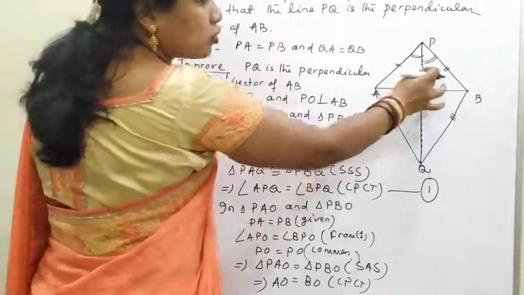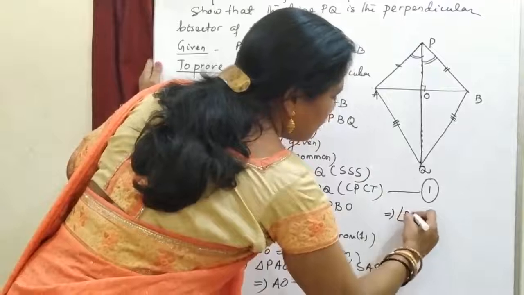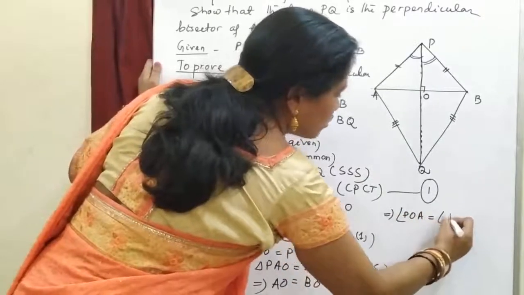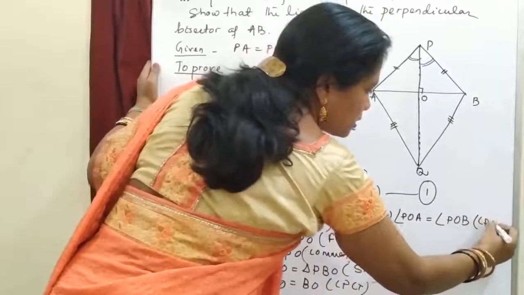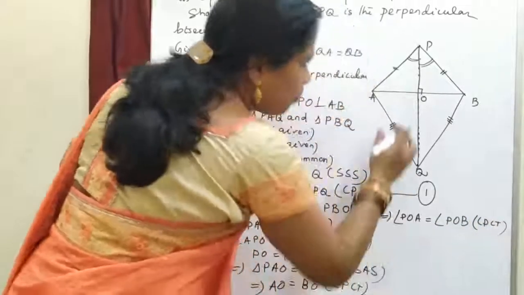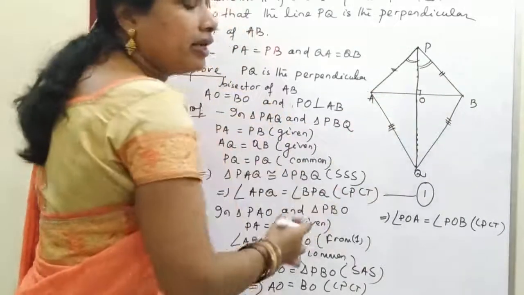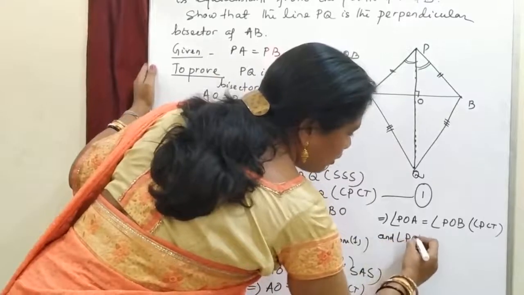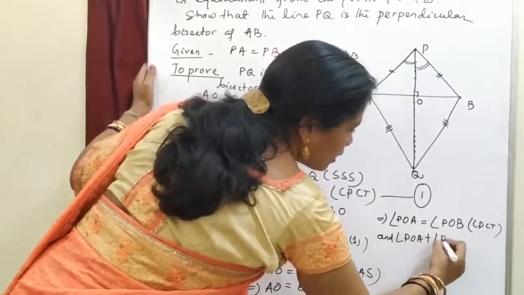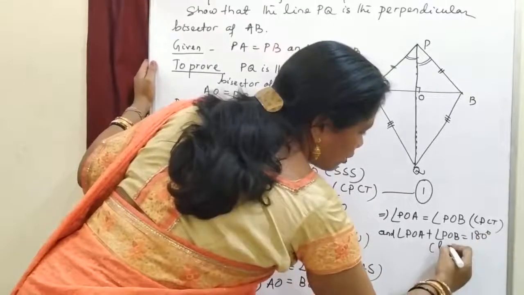If these two triangles are congruent, this implies angle POA is equal to angle POB due to CPCT. And we know angles POA and POB are a linear pair. So angle POA plus angle POB is equal to 180 degrees, linear pair.